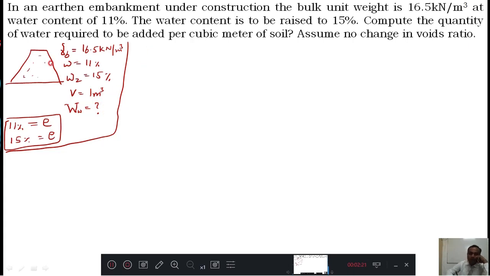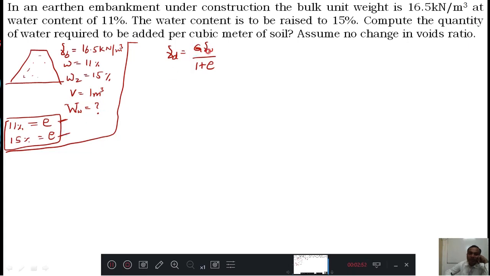Now the problem is somewhat tricky. First, gamma D. What is the formula for gamma D? Gamma D is G gamma W divided by 1 plus e. G is not changing from the first condition to the second condition because it is the particles.